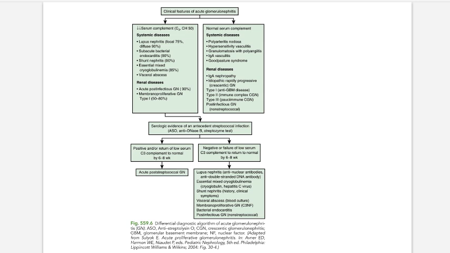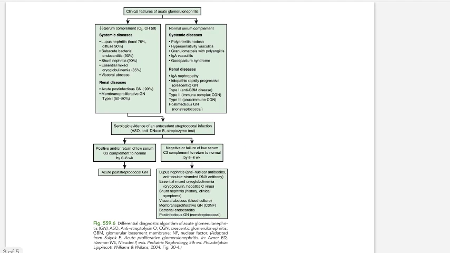If complement is decreased, we look for recent streptococcal infection by ASO titer, anti-DNase B, and streptozyme test. If these are positive and complements normalize within 6 to 8 weeks, the diagnosis is post-streptococcal glomerulonephritis. If they do not normalize, or there is no serologic evidence, we will consider other differential diagnoses.